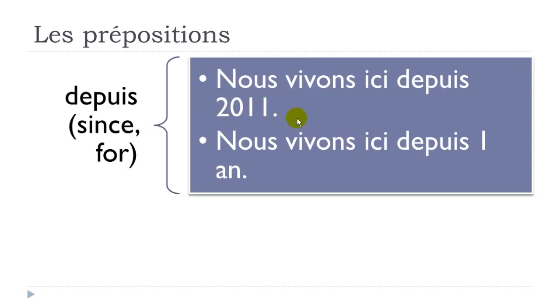So, assuming the fact that we are still now in 2012, we could use this sentence as well. Nous vivons ici depuis 1 an, okay? So in that case, you can use this depuis as well, and then you will introduce 1 an, just because we arrived in 2011, and we are now in 2012, okay? So, depuis 1 an.